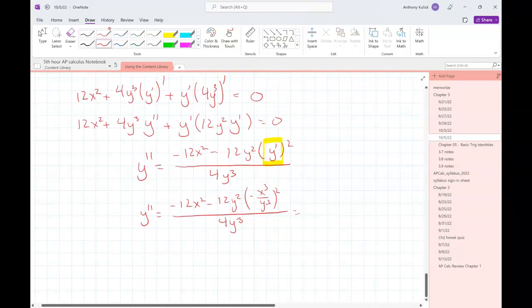So that'll reduce down then. X cubed over y cubed squared is going to kill the negative sign by squaring it. And I'll have x to the sixth over y to the sixth. But I'm multiplying that by a y squared. So this is really going to turn into like 12x to the sixth over y to the fourth.